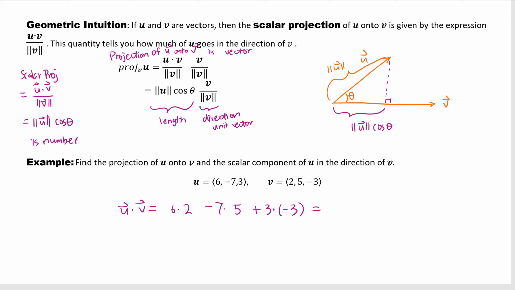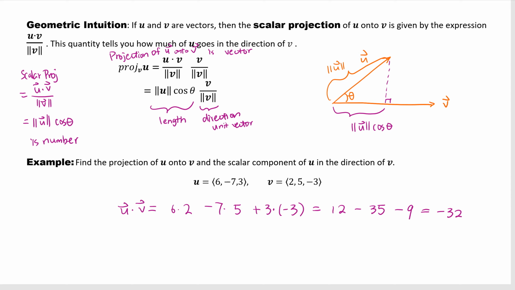Please stop the video and try this problem first, and then continue to play the video and check your answers. In this way we can practice. And then we get minus 9, so that's 3 minus that, so negative 32.